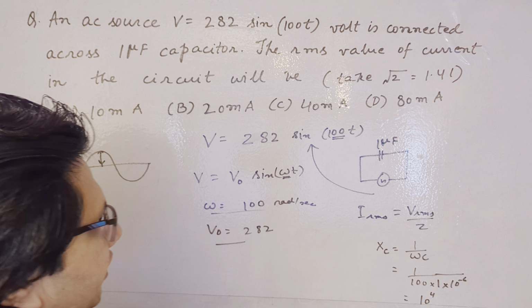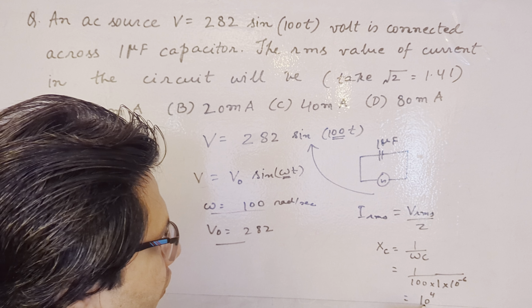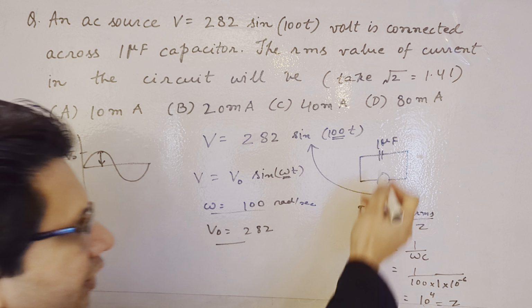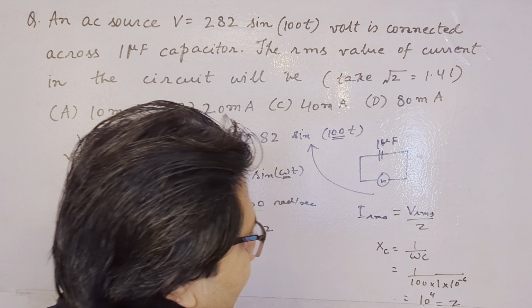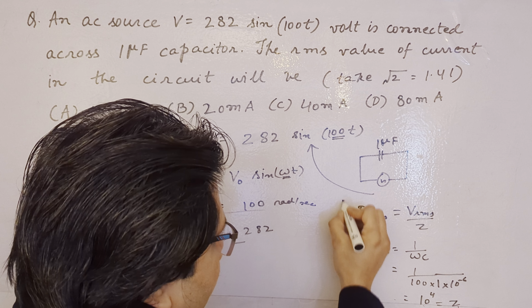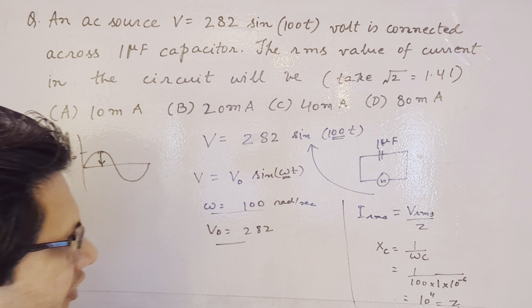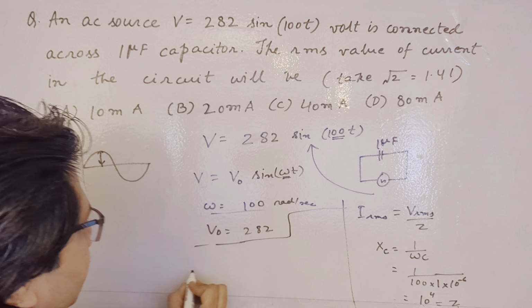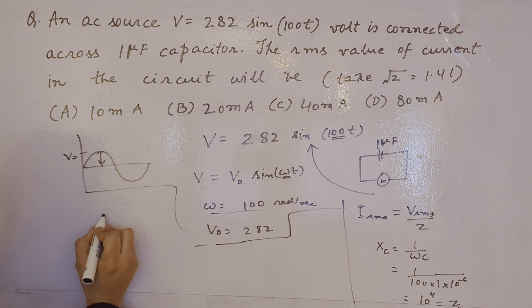So this is the capacitive reactance, and this is equal to Z also, because in this case there is only a single component, the capacitor. We have to put this value of Z here, but first we have to calculate VRMS.